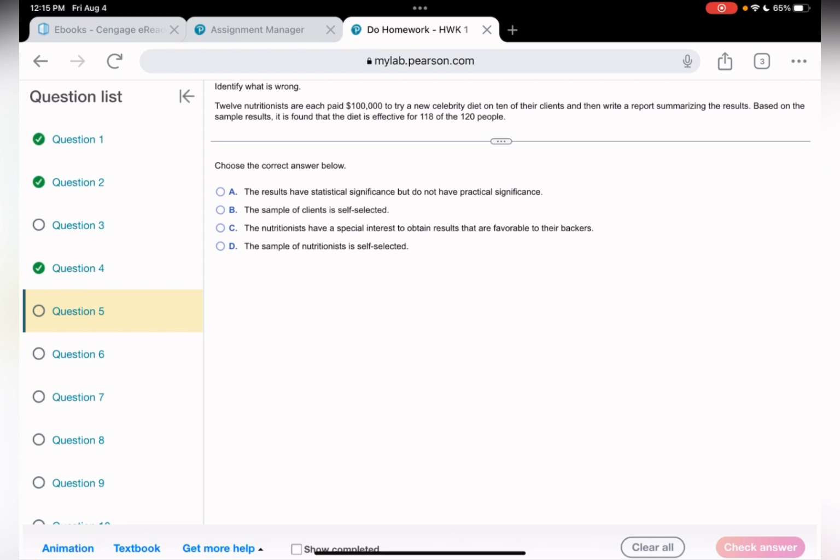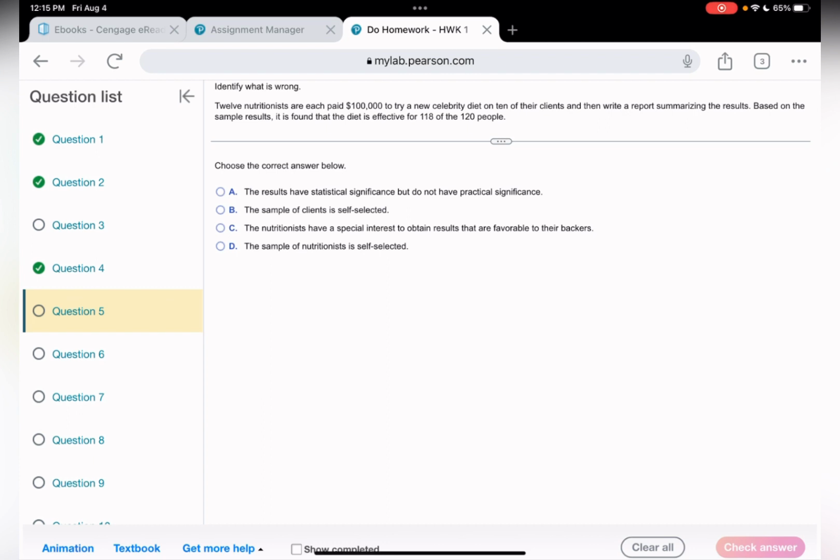So we don't see here self-selected clients, a sample with self-selected clients. So moving to answer C. The nutritionists have a special interest to obtain results that are favorable to their business.